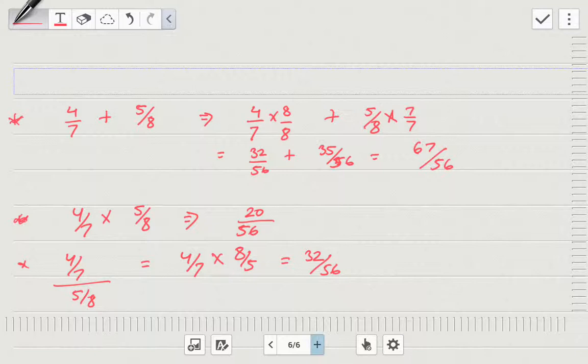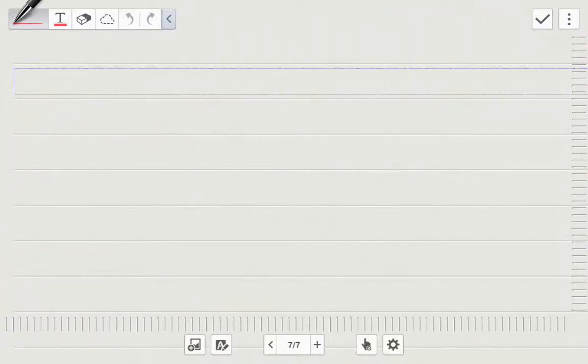Now, what if one of the values is not a fraction? Well, what if it was 2 plus 5 by 8? The only thing you have to remember, 2 is fractionally same as saying 2 divided by 1. Well, after that, it's easy. We want to convert this again into same fractions.